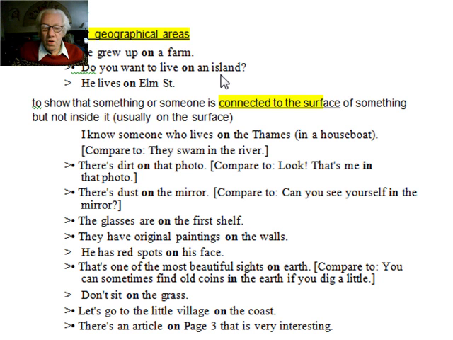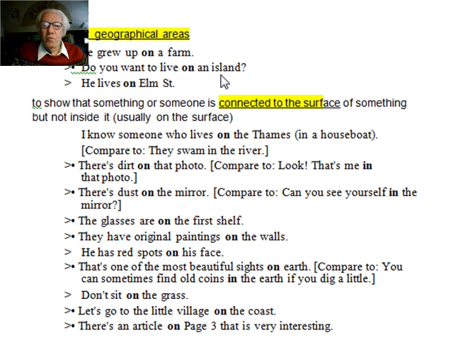There is dirt on that photo. Well, when we talk about a photo, it's something that's printed on a piece of paper, and since the dirt is on a surface of an item, such as the paper on which it's printed, then we refer to it as on.